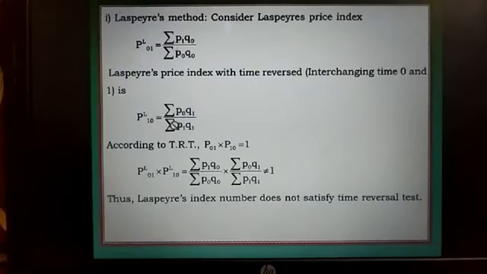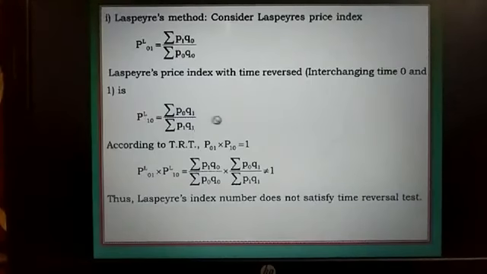Then summation as it is, P1 is there, P as it is, this 1 has to be 0. Then Q0 has to become Q1. In the denominator, summation as it is, P0 has to become P1, Q0 has to become Q1. Now this is Laspeyres' index number with time reversed.